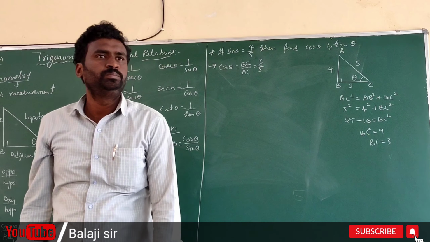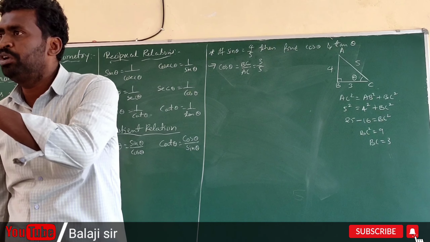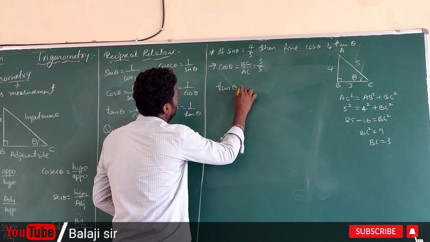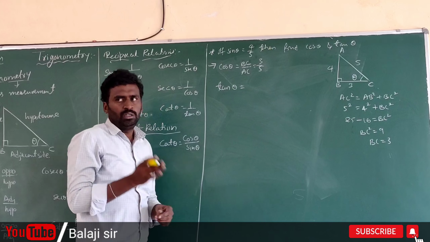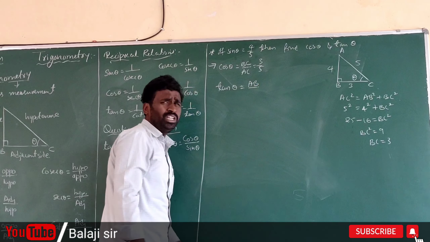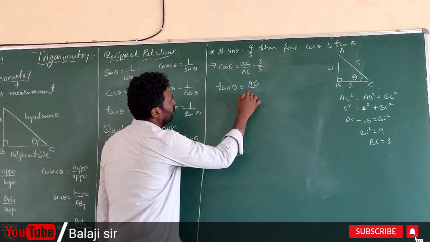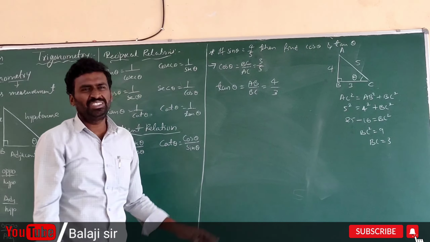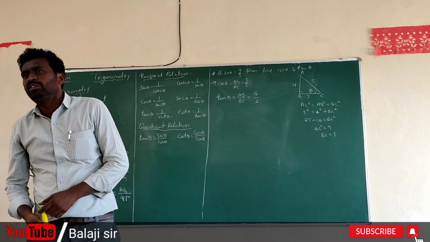For writing one ratio, you are going to get 1 mark. The next ratio: tan theta is nothing but opposite by adjacent. Opposite is 4, adjacent is 3. Is there any difficulty in this part?